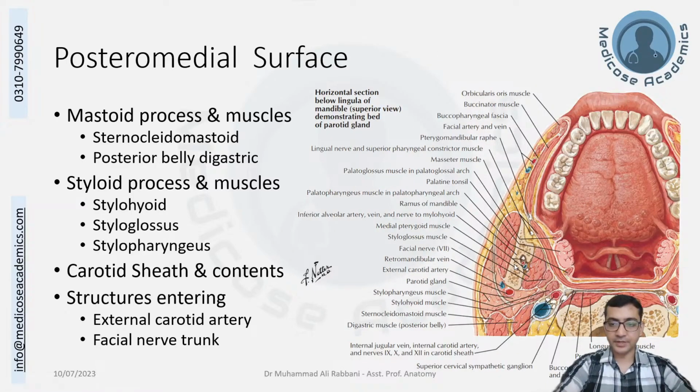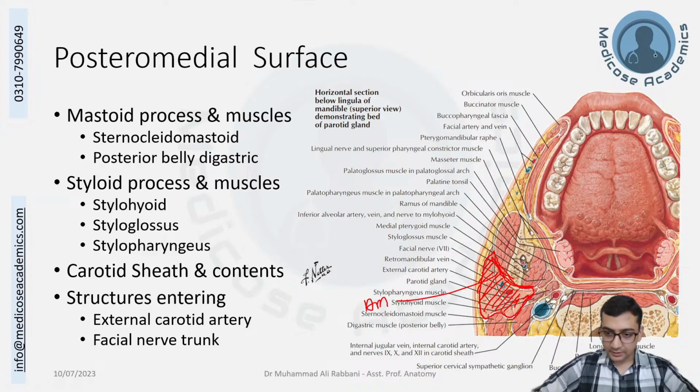Don't be overwhelmed by the picture, I will break it down for you. This is the parotid gland right here. I will shade it. This one will be the anteromedial surface. This one will be the posteromedial surface, and this one will be the lateral surface.